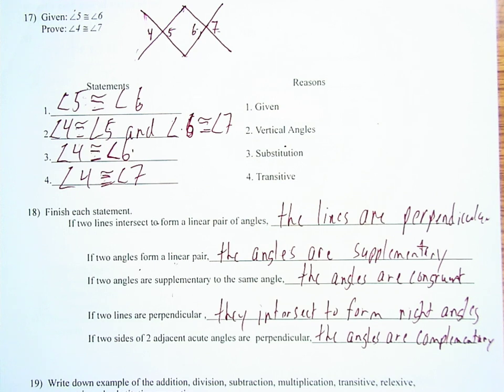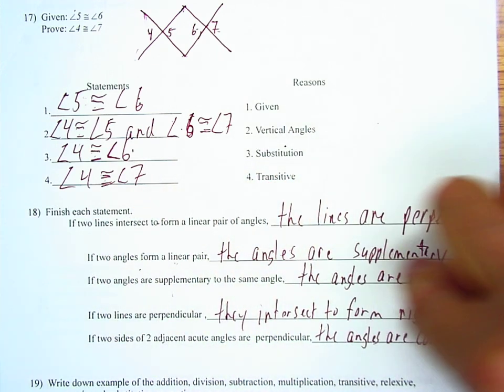It's not page 18. We will find it here. There they are. It was on page 32 in my old notebook. So if two angles are supplemented to the same angle, then the two angles are congruent. If two angles are complemented to the same angle, then they're also congruent. That was the statement here. If two angles supplement the same angle, then the angles are congruent.